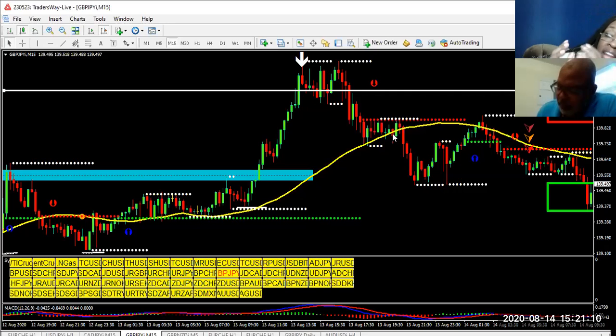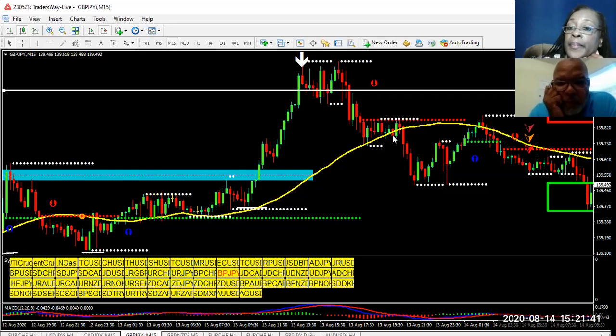The close of that candle needs to be below your moving average for a sell, and for a buy it's the opposite. So for the buy, the top of the body has to close above the moving average.